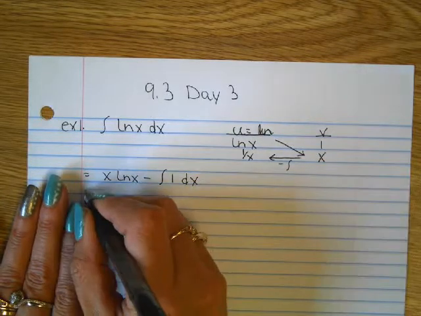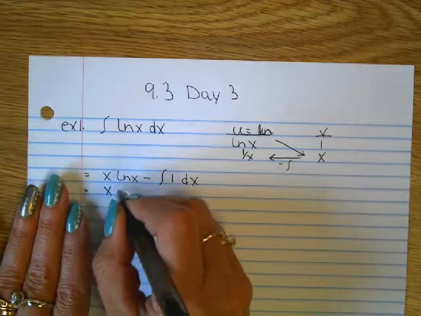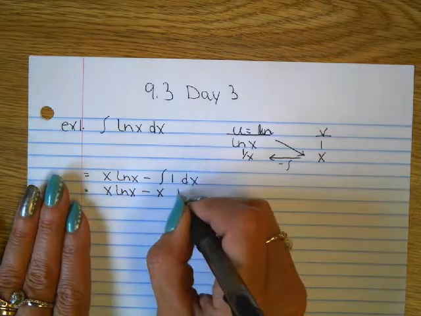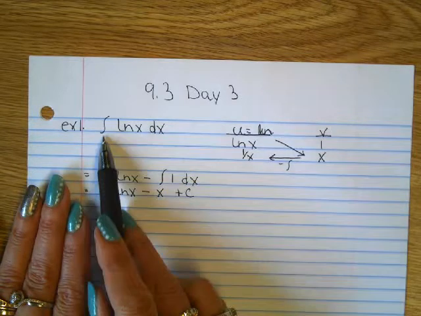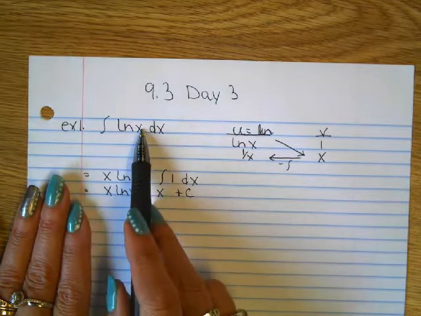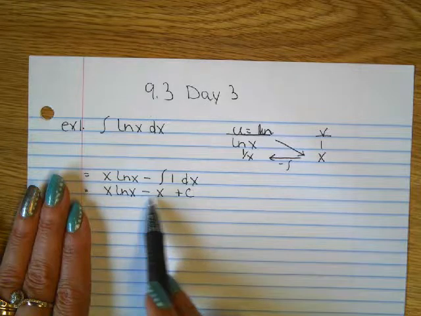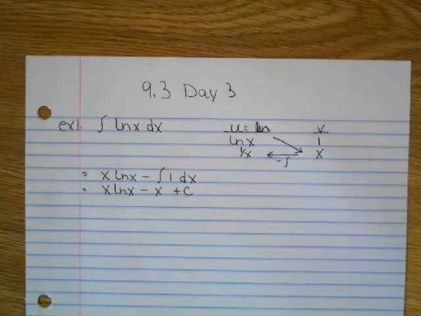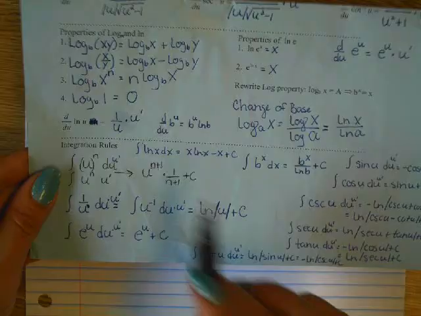The antiderivative of this is x. So our final answer is that the integral of ln of x is x ln of x minus x plus c.